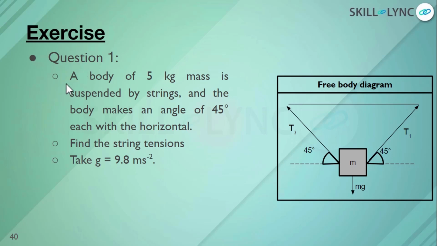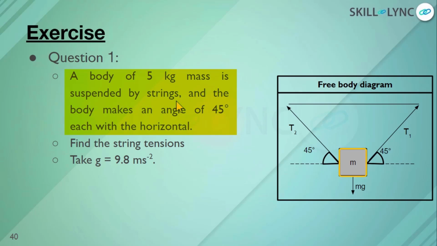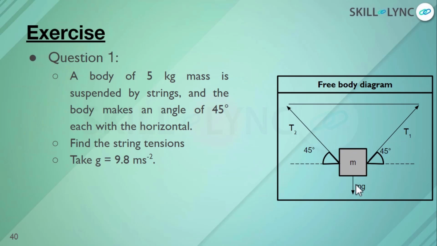The question says a body of mass 5 kg is suspended by strings, and the body makes an angle of 45 degrees each with the horizontal.